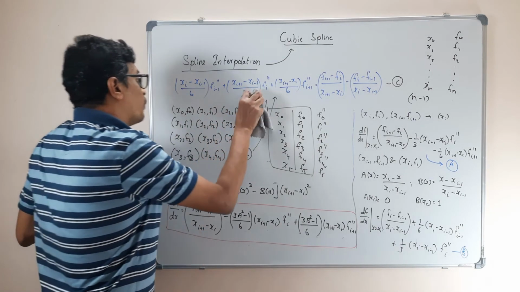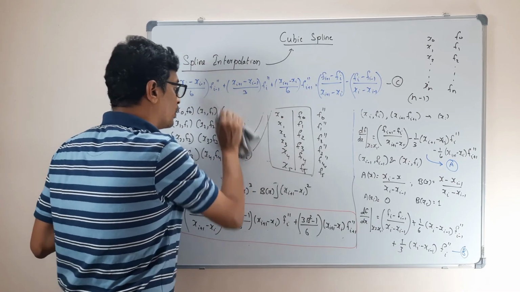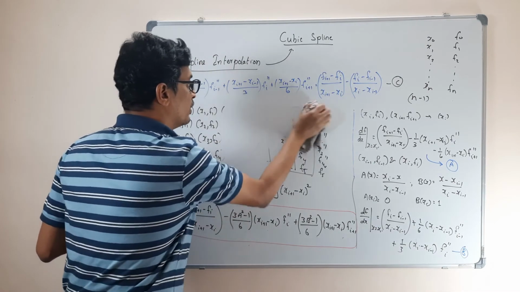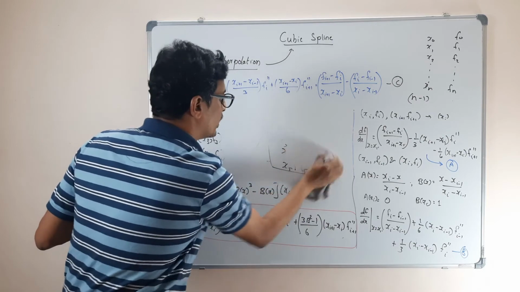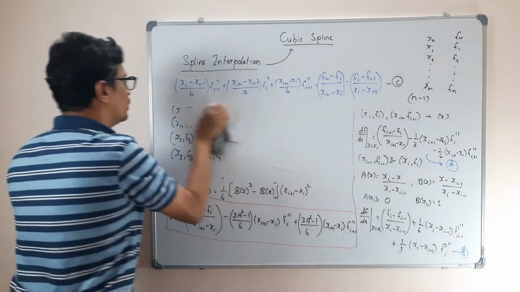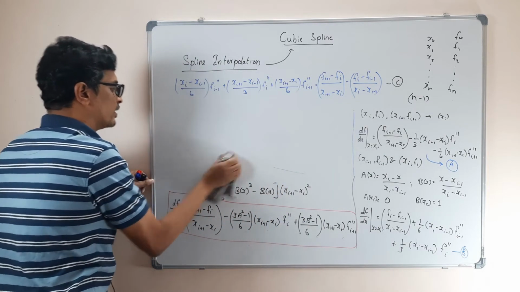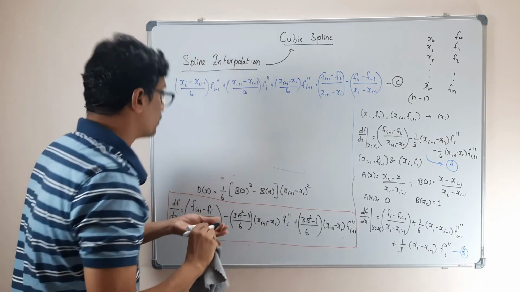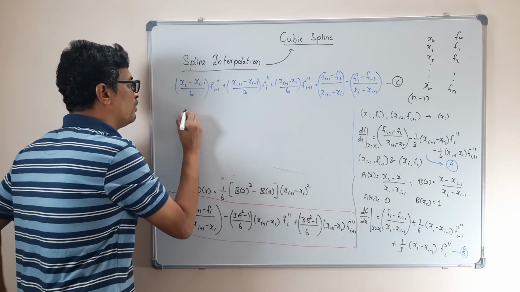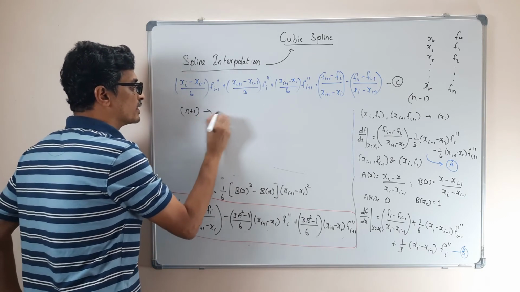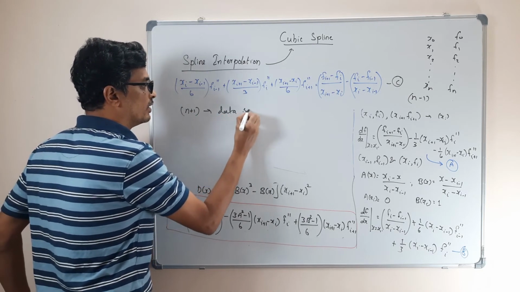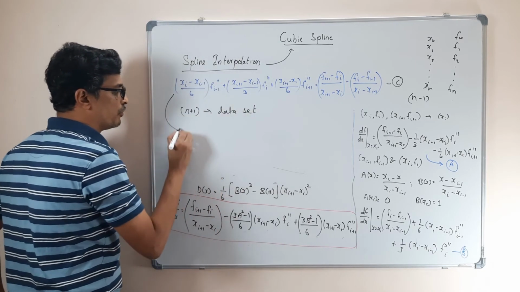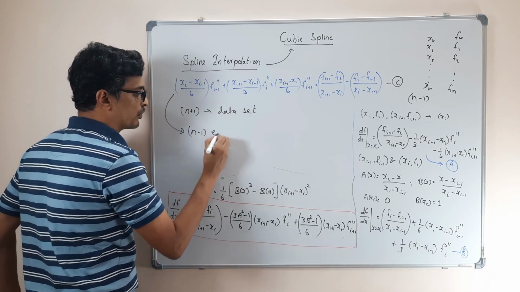So one way to sort it out is, let us see how this equation looks in matrix form. That would be interesting. What I want to mention here is that for an n plus 1 data set, the equations that can be formed will be n minus 1 equations.